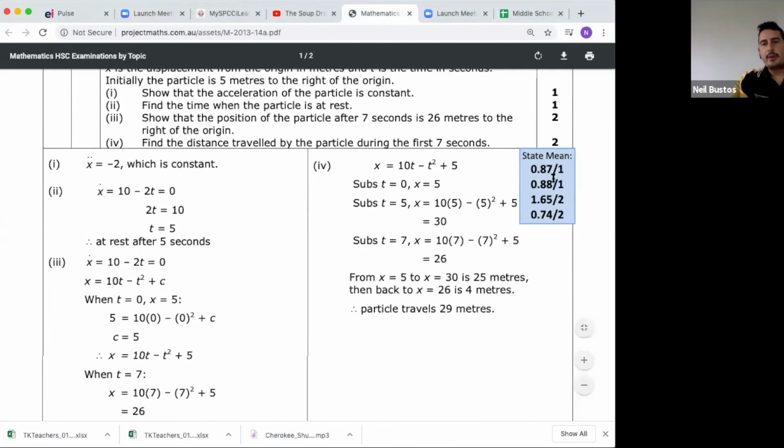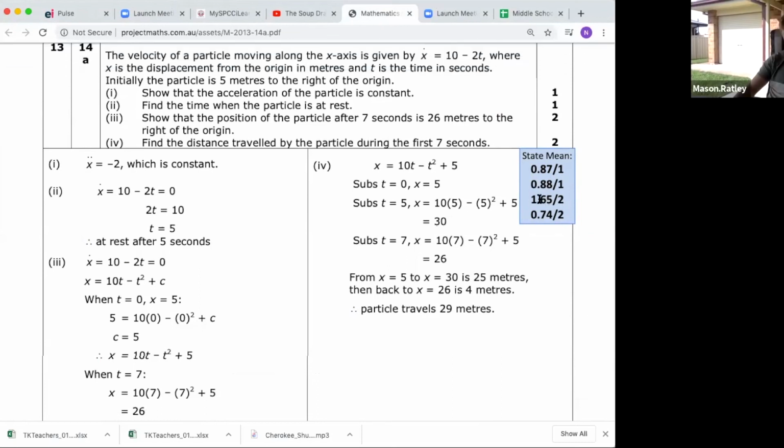Can you see that for the first question, that was pretty straightforward. 87% of them got it right. Then the second one, which was really easy, 88% of the state got it right. The third one was 1.65 out of 2. And I think those students that didn't get full marks forgot plus C. So never forget plus C. That's the major thing of lesson number 3 that I put up.